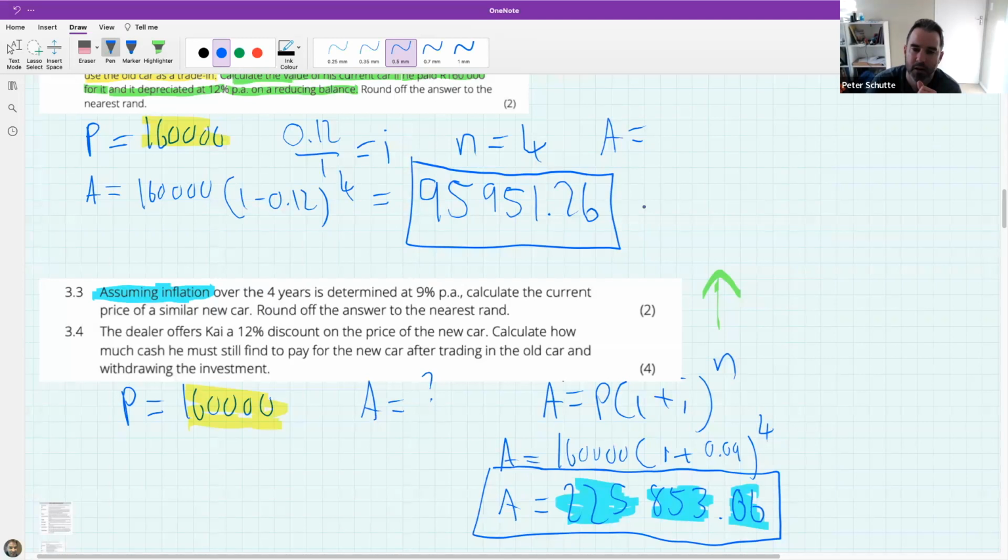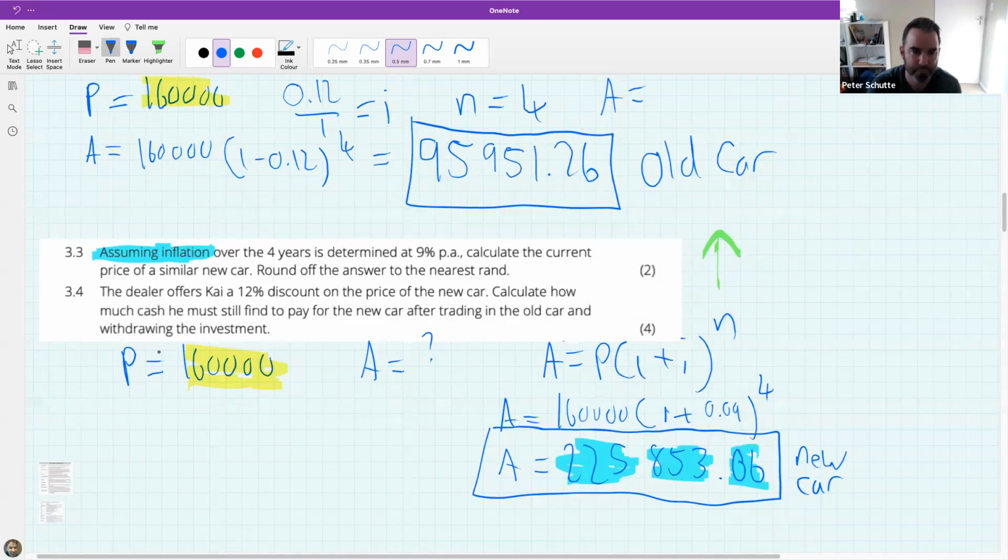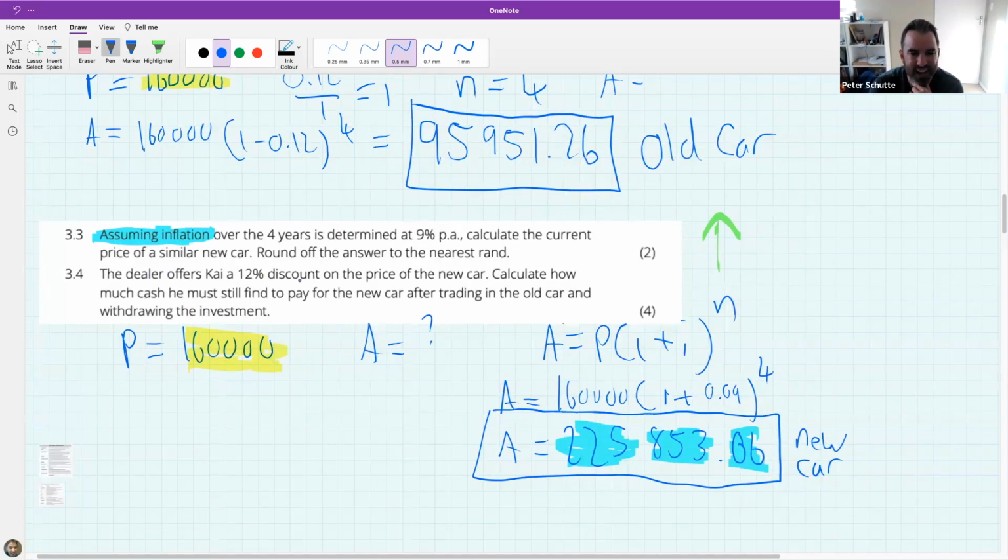Okay. So, last part of this question. Now, 3.4, so the old car is worth that much. The new car that we want to buy is worth this much. Okay, so that's the story so far. The dealer offers Kai a 12% discount on the price of the car.